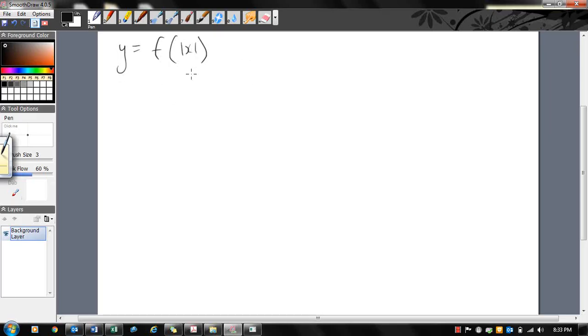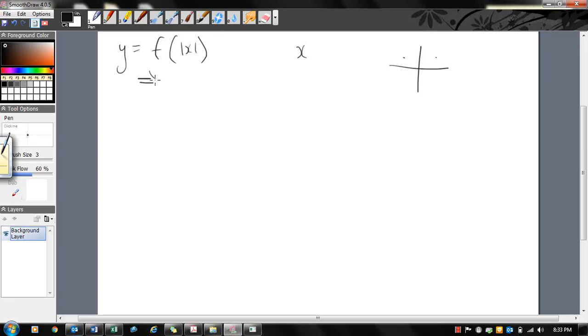I'll do an example, it'll be easier for you to see. What happens is that it doesn't matter whether x is positive or negative, the function will come out the same. So it doesn't matter if your x value is on this side or this side, it'll be the same thing. So I'll just write it down.